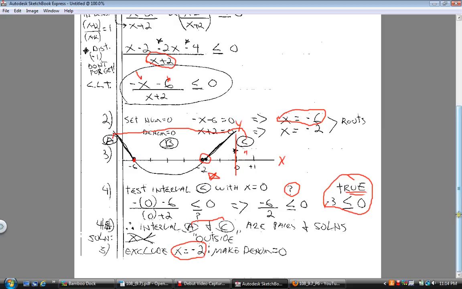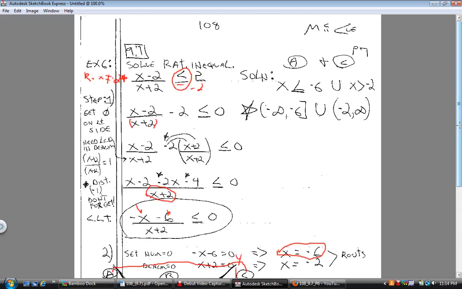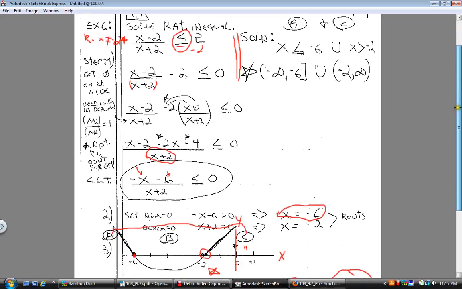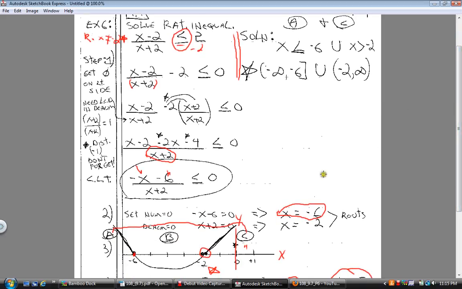Scoot up to the top of the page, and in your notes you might want to draw a divider line. This is the final solution for x. You look at your graph.